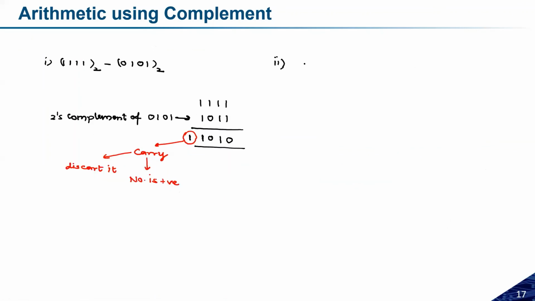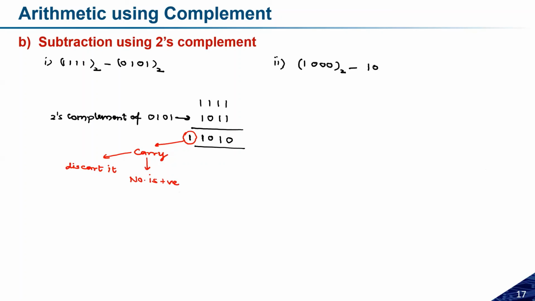So 1 0 0 0 minus 1 0 1 0. I have to subtract this number. Then what do I have to do? The simple thing is to first write the number we have, that is 1 0 0 0.